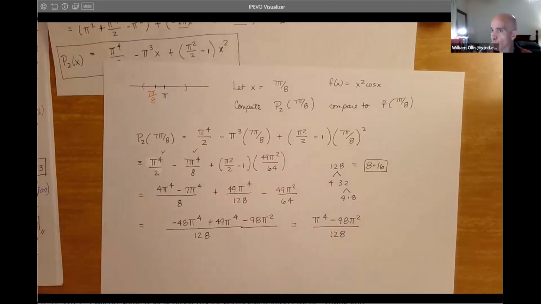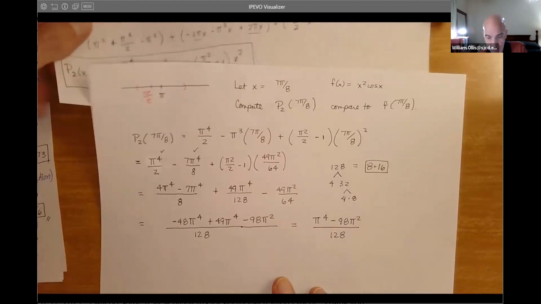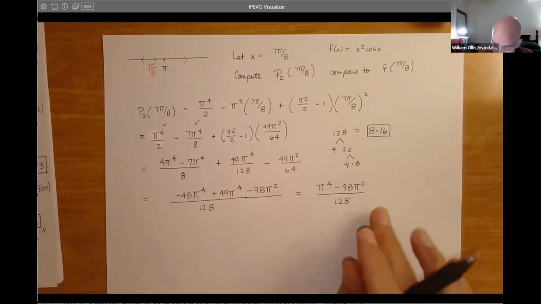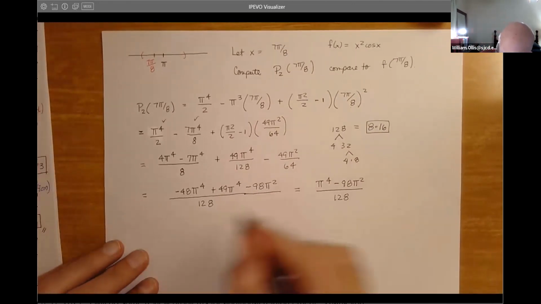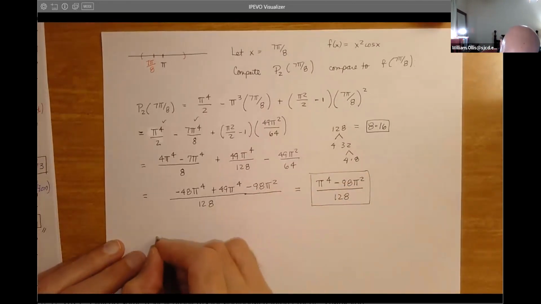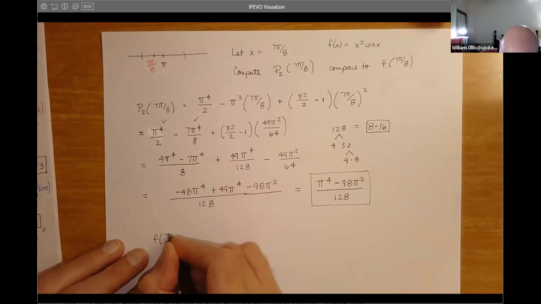So of course, if I were on a test, I could say, find the exact value of P2 at this number. And it would be that. Now, this is where we can use Google and we can get a nice approximation to this, but let's hold off on this. Now, the next, so there's our P2, and then F of 7 pi over 8.